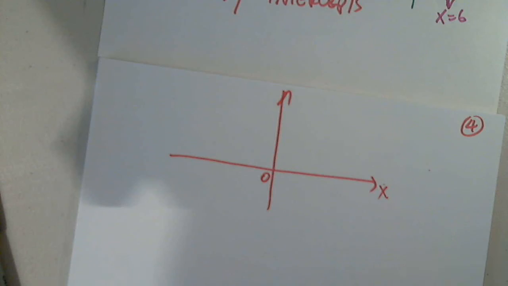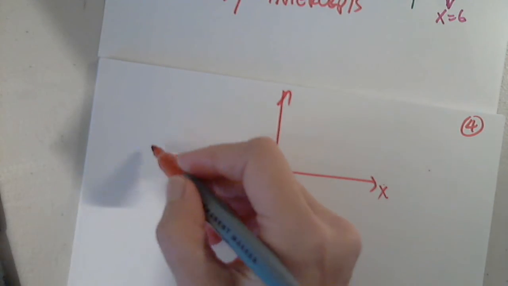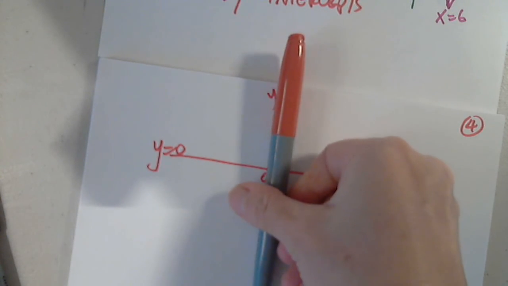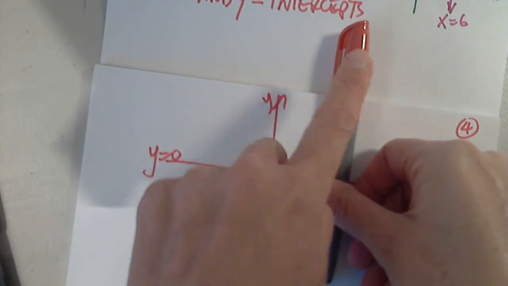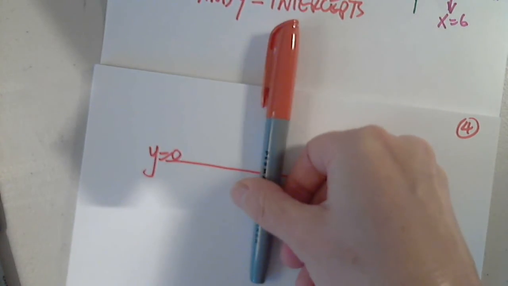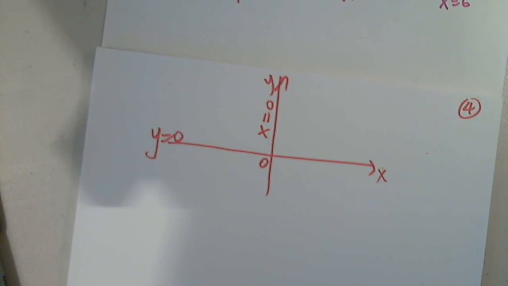This is the x-axis, which now we know has altitude 0. So this is y equals 0. This is the y-axis, which gives position. And it's at 0. Right here. It's not here. It's not x equals 6. It's not x equals negative 3. It's right here at 0. So this must have the equation x equals 0.